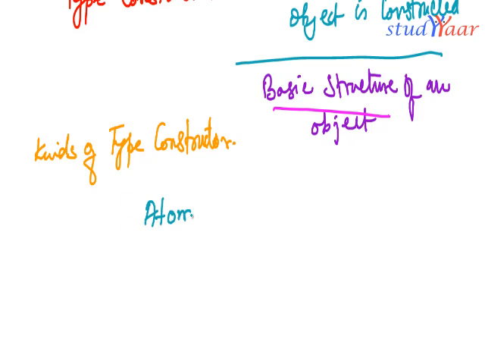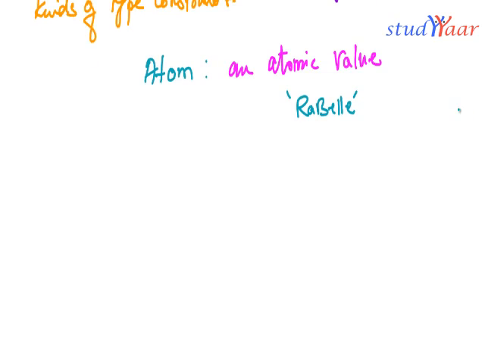An atom type constructor says that the object is storing an atomic value. It's something like you can store a string in this. So this is an atomic value. That's an atom.